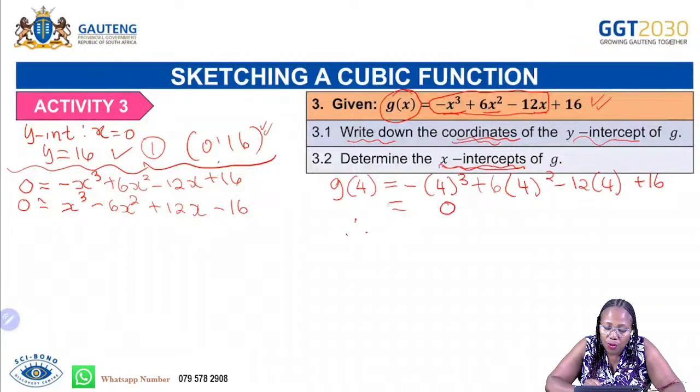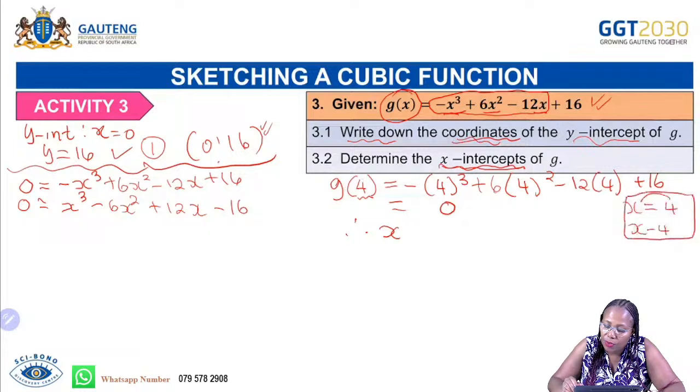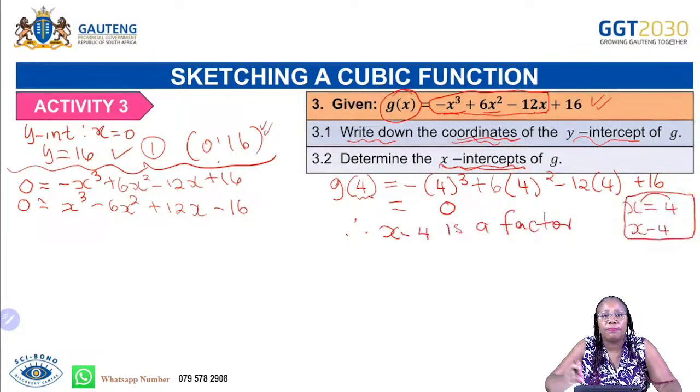Therefore, we can conclude that, remember you have substituted a positive 4, that means x equals 4. When you take it back to the side, it will be x minus 4. Hence, we are writing that x minus 4 is a factor of this cubic function. Happy grade 12? We now have the first factor, which will assist us to get the other two factors.